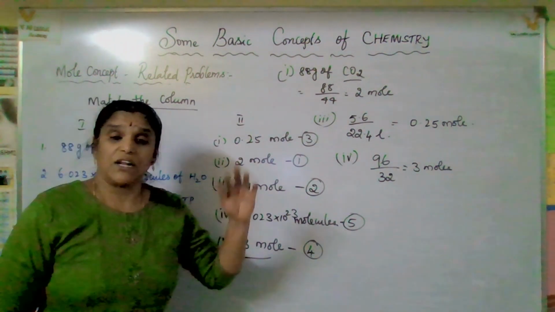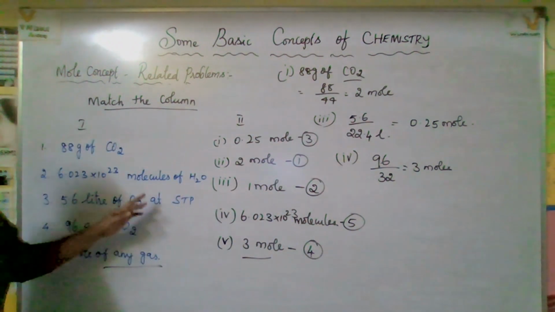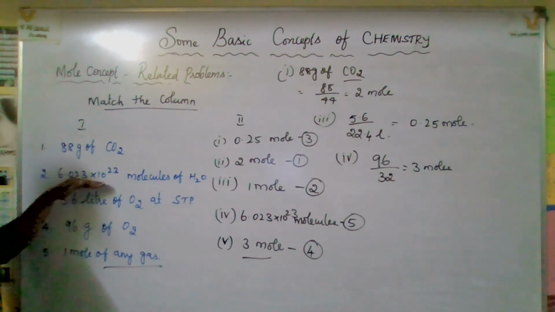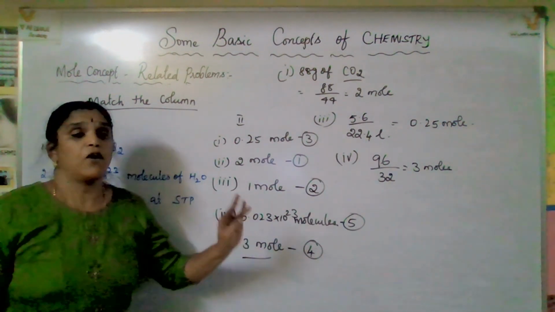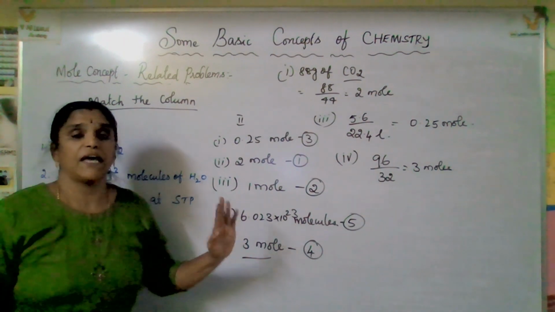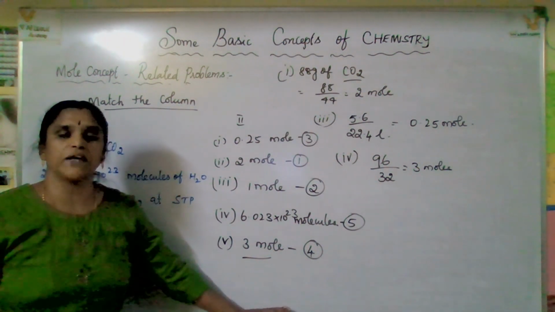In our last session, we have gone through very clearly that the number of molecules, atoms, ions, or whatever it may be is 6.023 into 10 to the power of 23. Molecules, atoms, ions, number of moles, all that we have mentioned is the same. Hope you're clear with all these points.